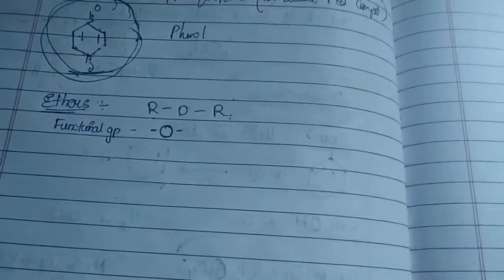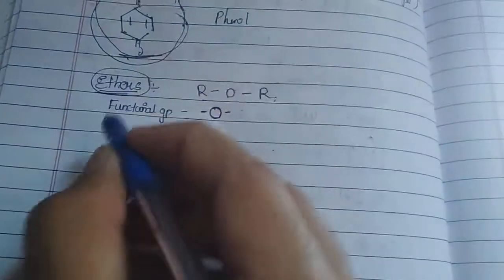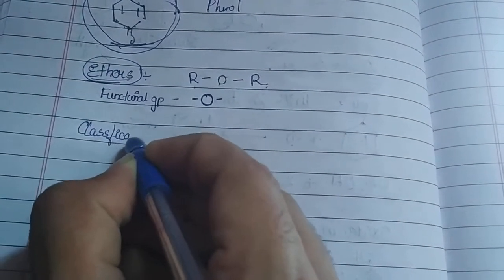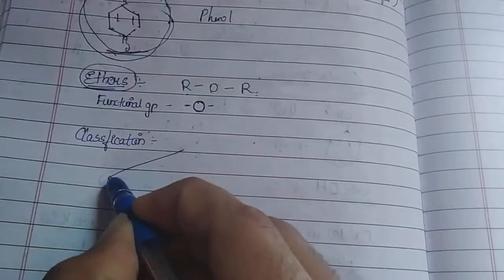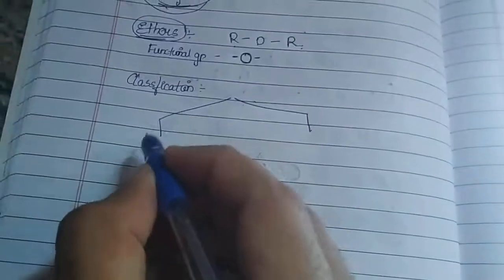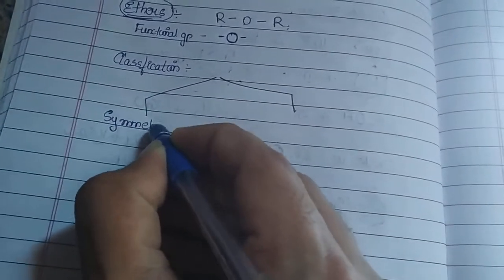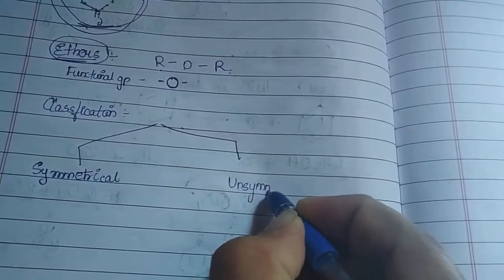Once we know what ethers are, we have to understand their classification. So basically, we are going to classify these ethers into two important headings. One is called symmetrical ethers, and another is called unsymmetrical ethers.